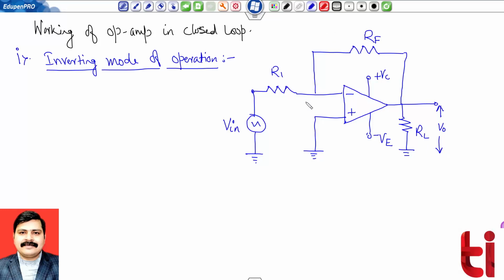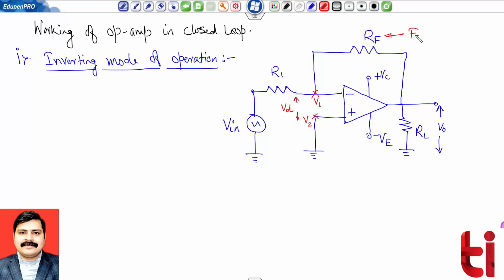Let me write explicitly the typical values. Suppose V1 is the voltage at the inverting terminal, and at the non-inverting terminal I am saying terminal V2, and the differential voltage across these two terminals is VD.